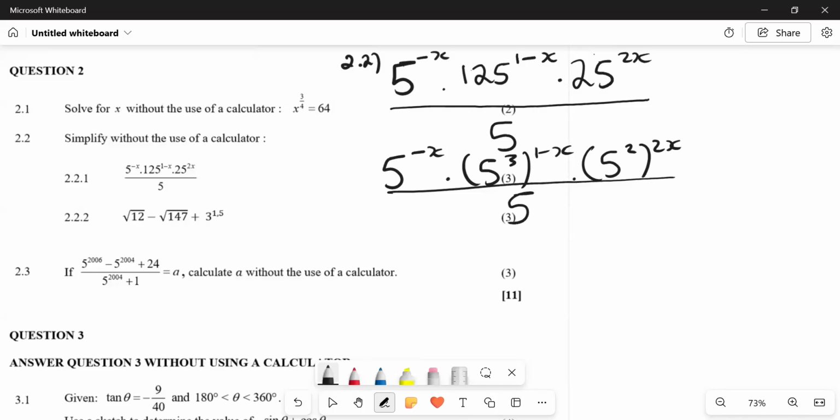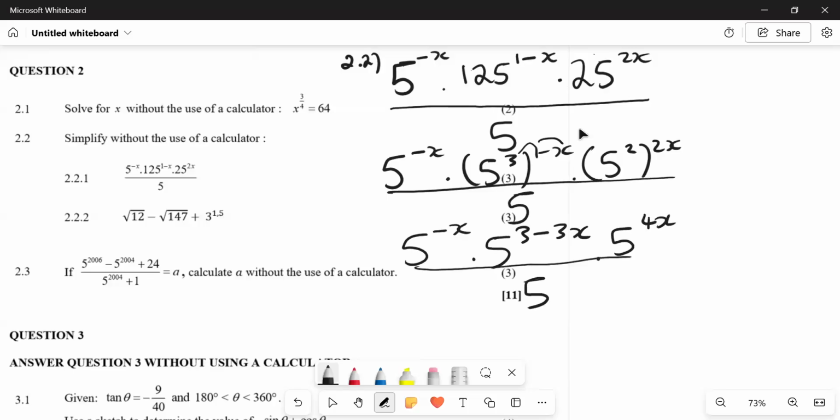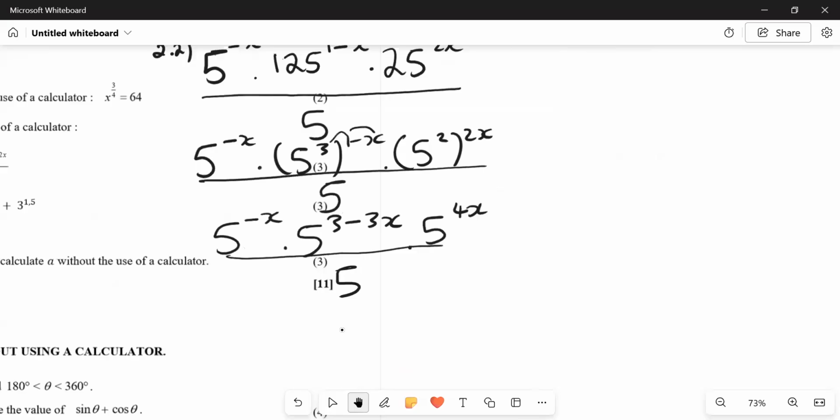So you have your 5 to the power of minus x, and then this is 5 to the power of 3 minus 3x. You distribute there, multiplied by 5 to the power of 4x, divided by 5.